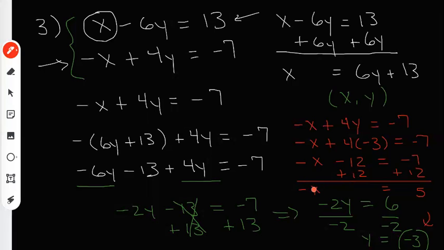So then to get the negative away from the x, you could do two things. You could divide both sides by negative 1, or you could do what I'm doing. You can multiply both sides by negative 1 and get that same result.